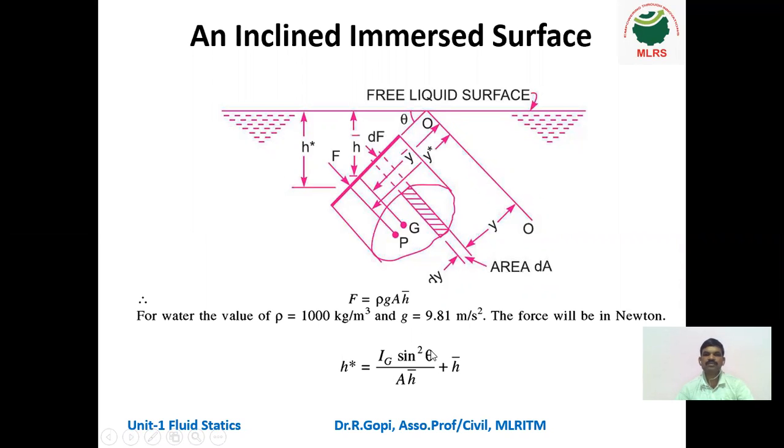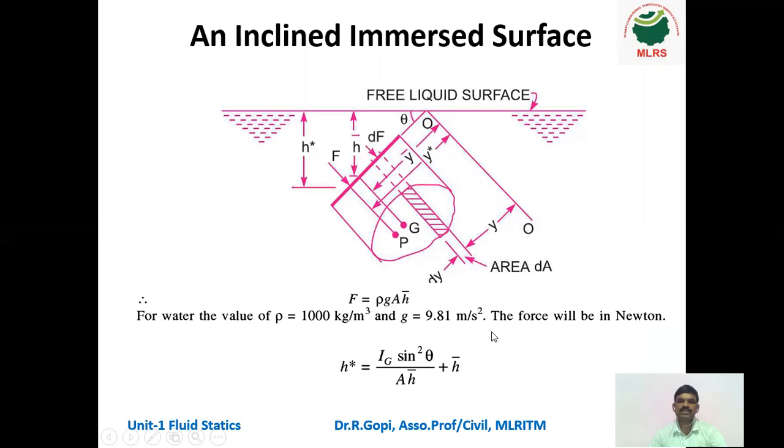Here there is one additional term, sin square theta, because the surface is placed in an inclined manner. So we have to calculate the total pressure and center of pressure. Here g is the acceleration due to gravity. It is placed at the height of h bar, and this is the total pressure acting point, that means the center of pressure point. So this is h star. Using this formula we can find the total pressure and the center of pressure.